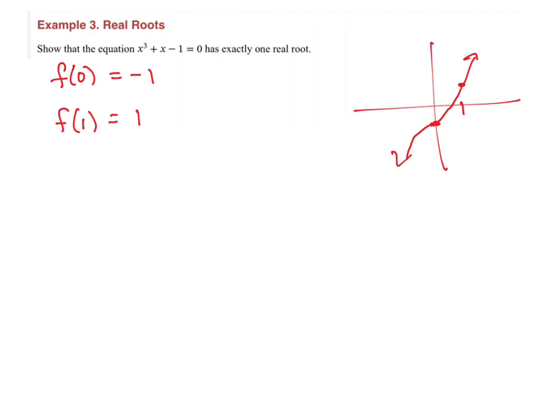Somewhere in between, right? That's called the intermediate value theorem. So by the intermediate value theorem, intermediate meaning somewhere in between, right?